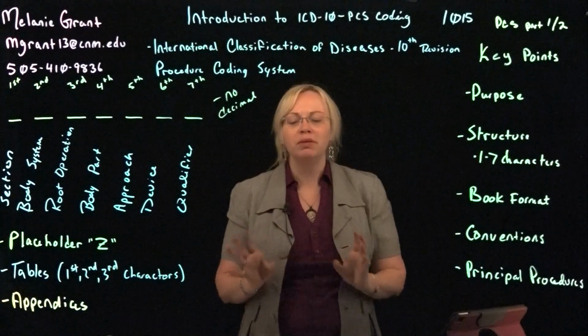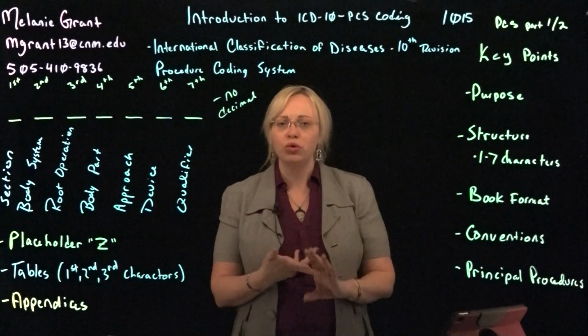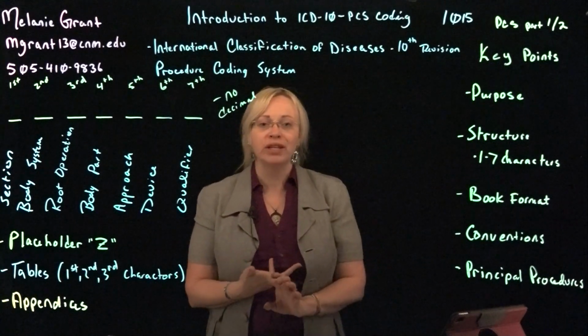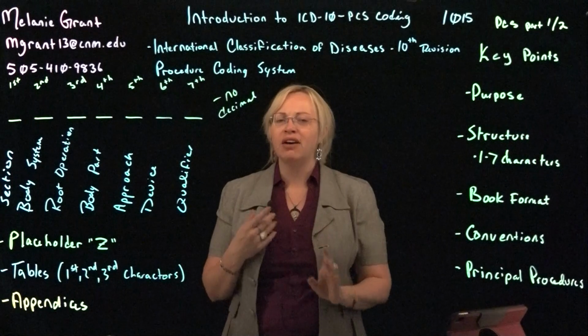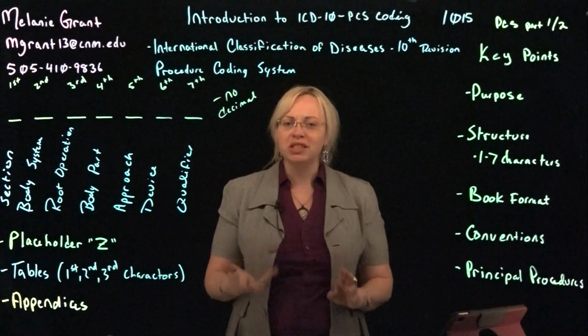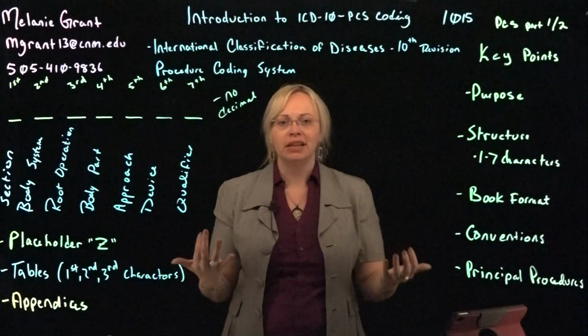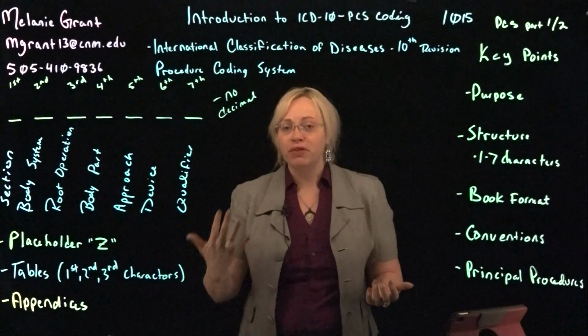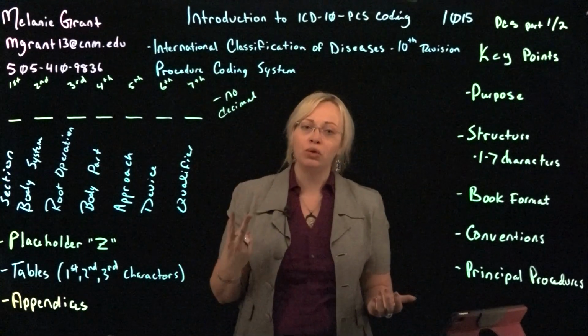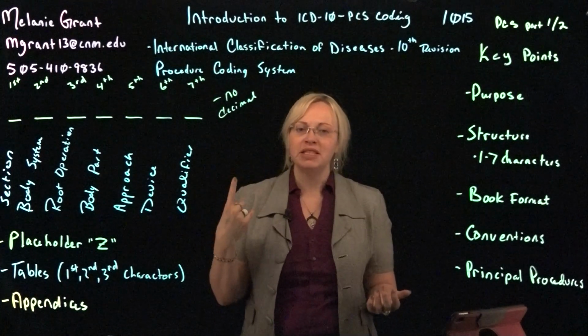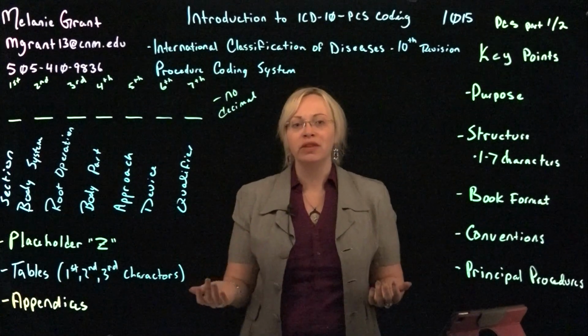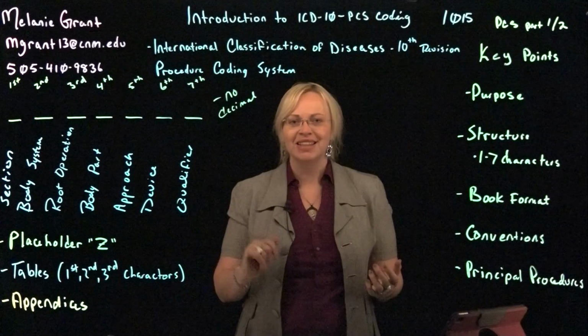The first thing you want to be aware of is that there's 2 different types of procedural coding systems. You should already have a good idea of what those are, but just in case you forgot, there's professional-based coding and facility-based coding. Under the professional-based coding, there's actually 2 coding manuals, which are your CPT and HCPCS that you learned earlier in this class.